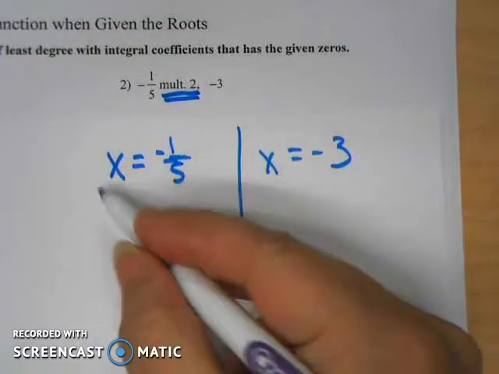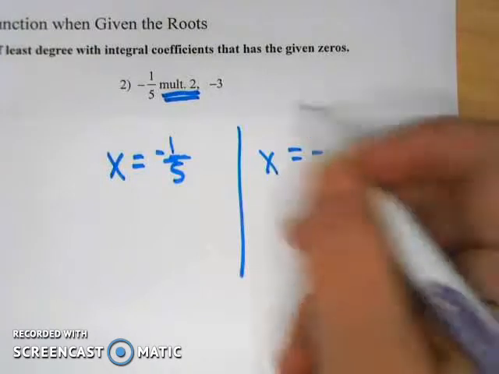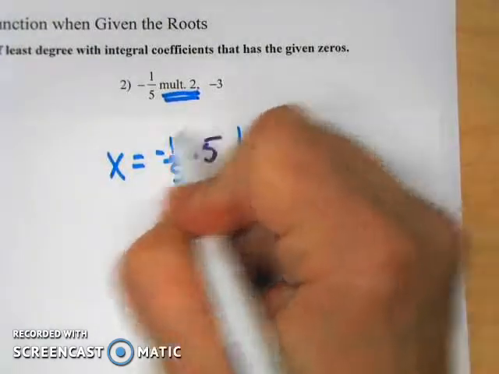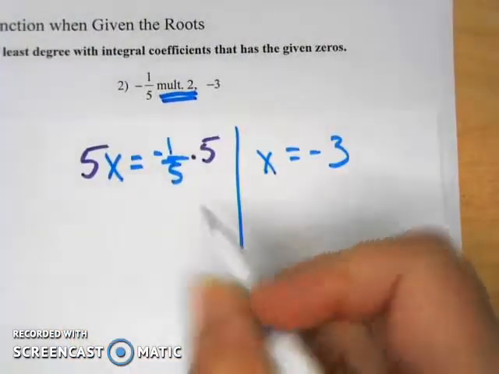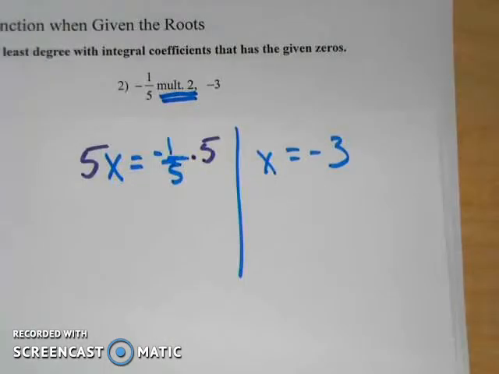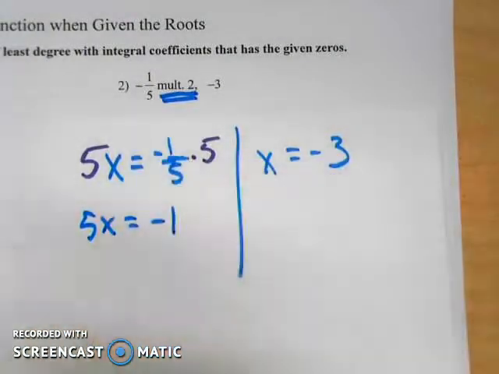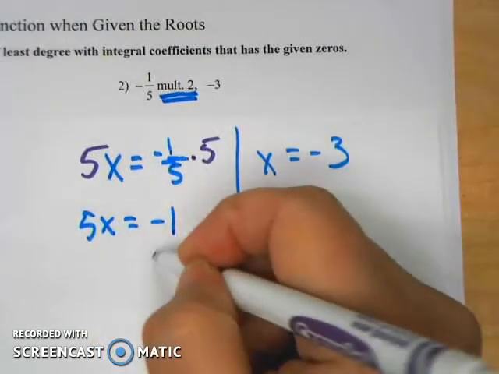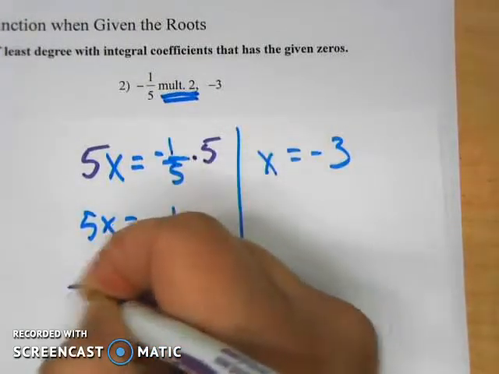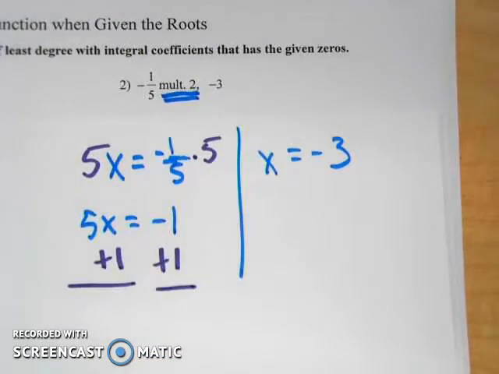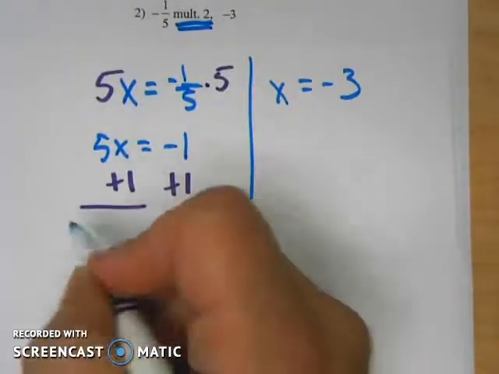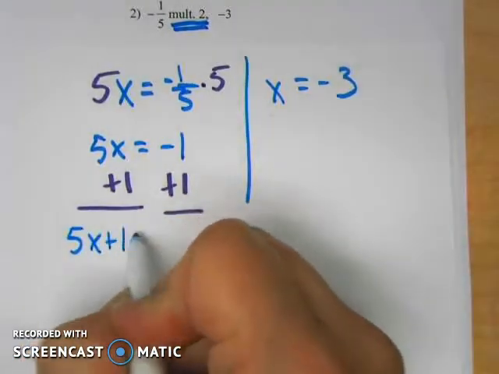I want to undo the math and get this thing equal to 0. So the first thing I'm going to do is multiply both sides by 5. That gives us 5x is equal to negative 1. Now I'm going to add 1 to both sides, and that gives us 5x plus 1 is equal to 0.